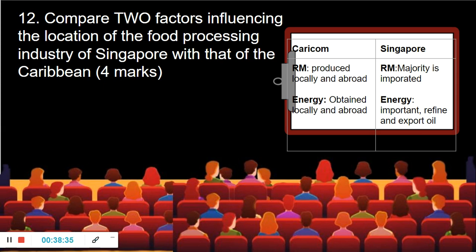So energy is another important factor. All right, so most of the countries in the Caribbean, except just a few, import all of the energy that they use in their food industry from abroad. Trinidad and Tobago is one of the exceptions.